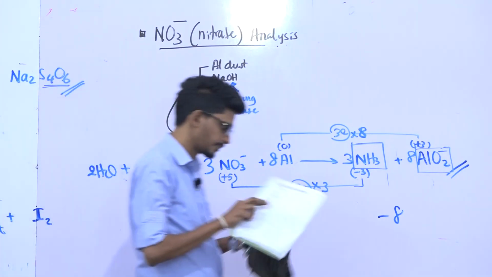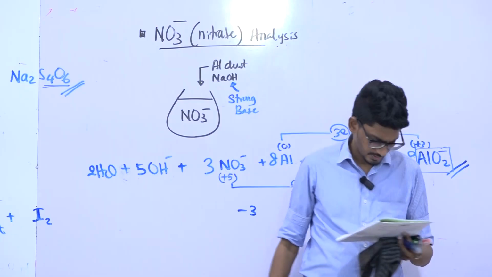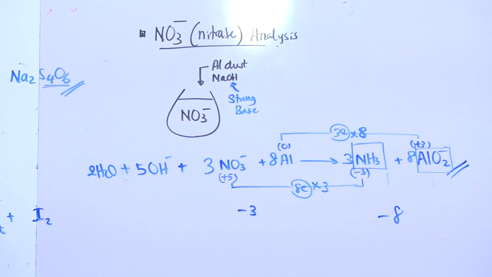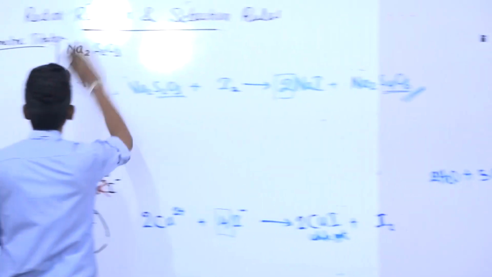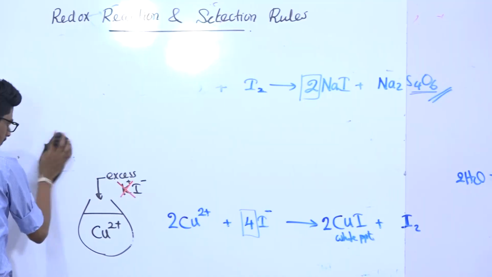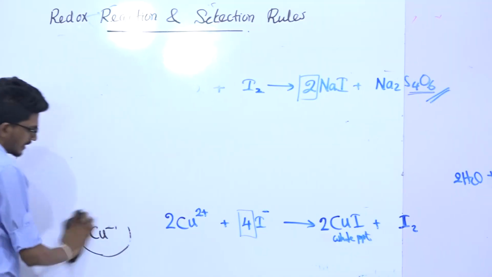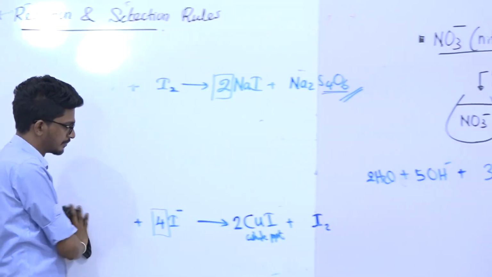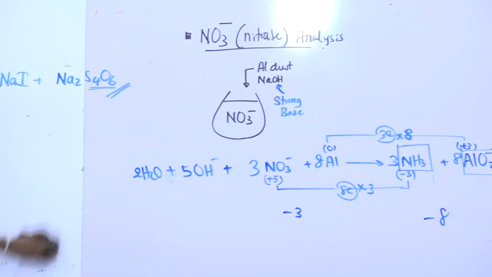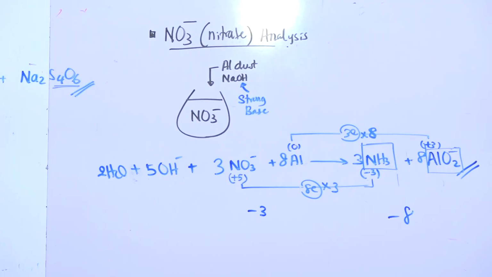Let's come up with the answers for the sulfate sulfide analysis. The sulfite ion is with both redox and precipitation properties.